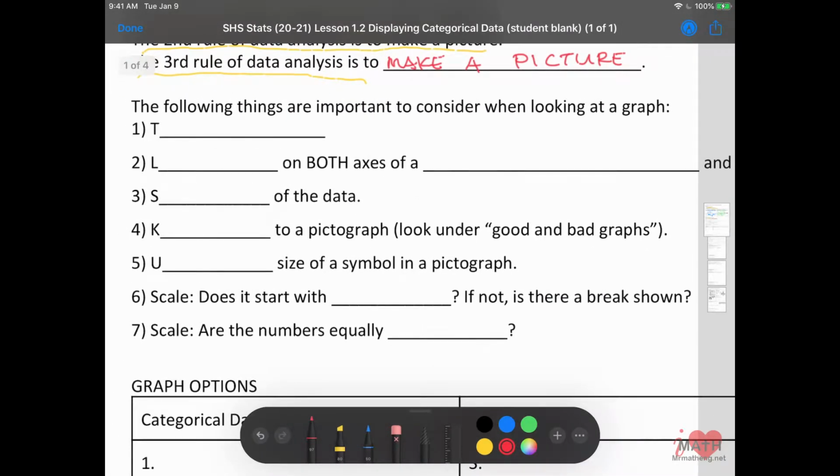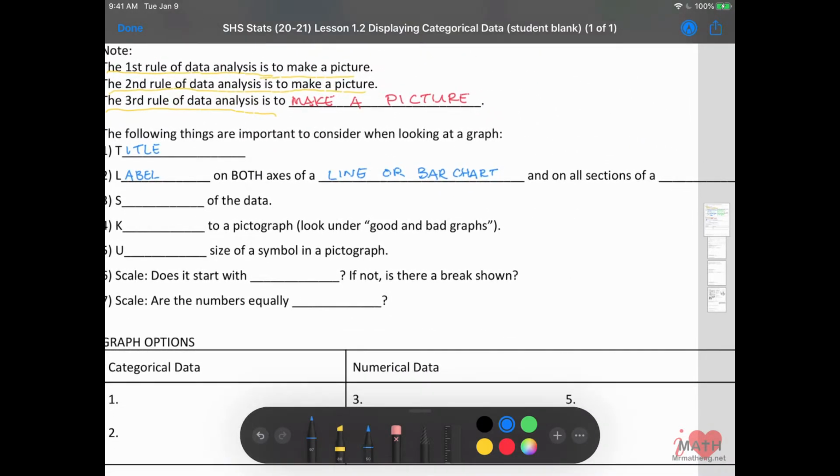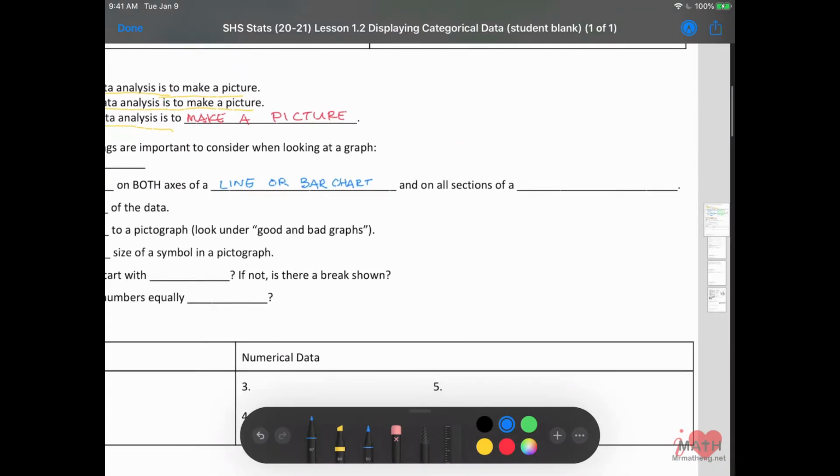All right. The following things are important to consider when looking at a graph. Make sure you have a T for title. Number 2, label both axes of a line or bar chart, and all sections of a pie chart or pie graph, circle graph.